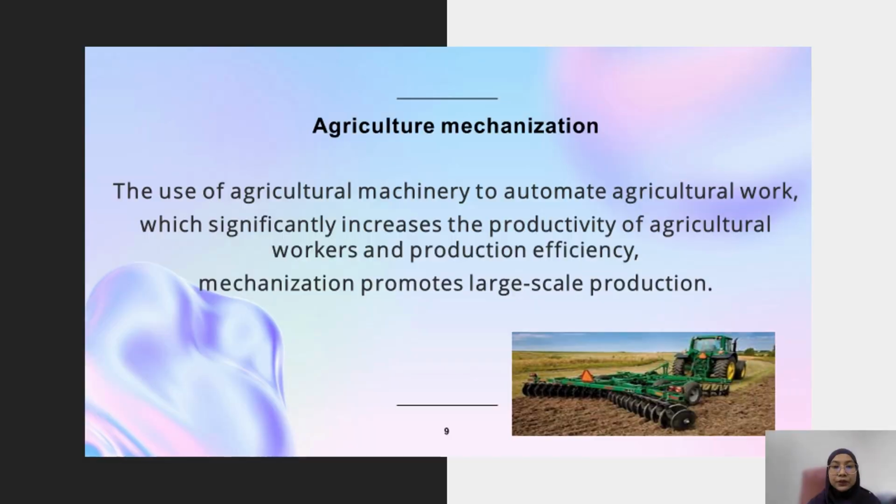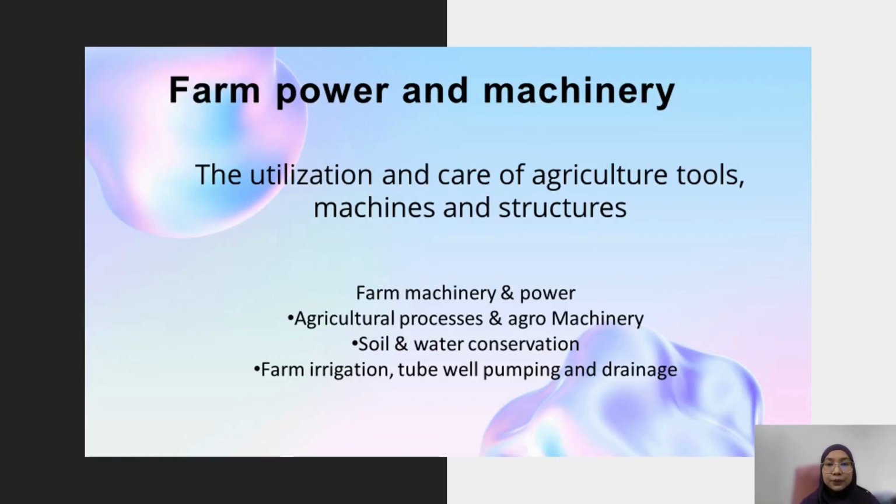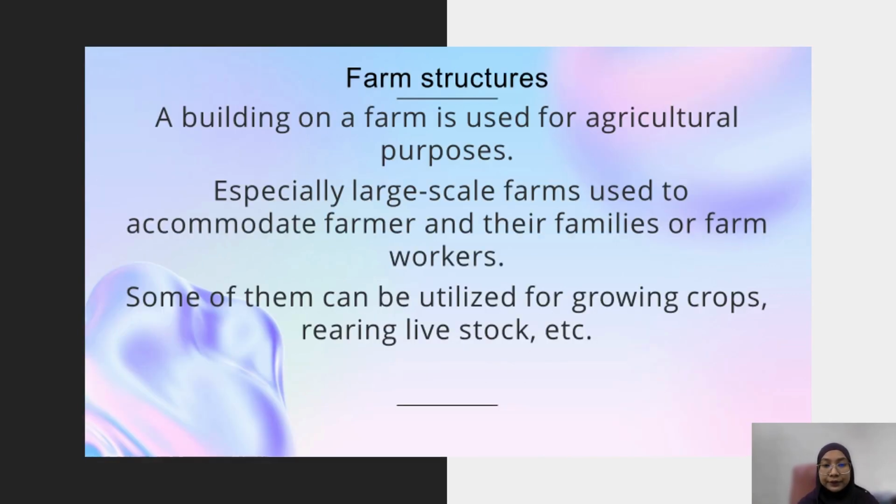For agriculture mechanization, they use machinery to run the field. Farm power and machinery means they implement the utilization and care of agriculture tools, machinery, and structures in the farm, the process of soil and water conservation, and also farm irrigation, tube well pumping, and drainage to supply water for the field.